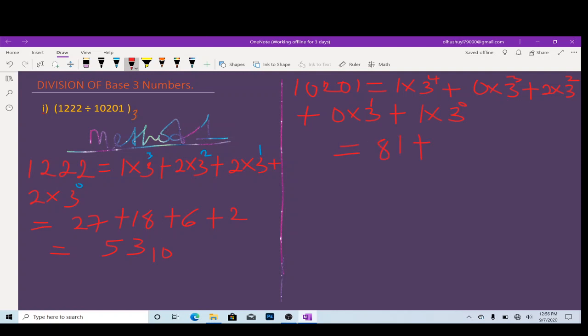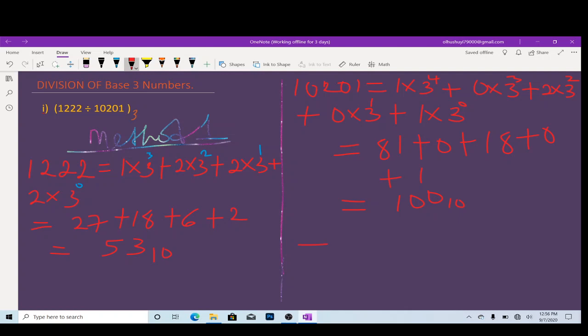Plus 0, plus 0, plus 3 raised to power 2 is 9, times 2 is 18, plus 0, then plus 1, since 3 raised to power 0 is 1. So we have 81 plus 18, I have 99, then plus 1, that is 100. So it is equivalent to 100 in base 10.